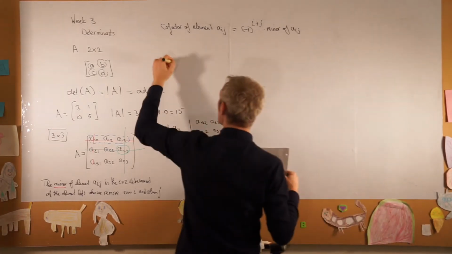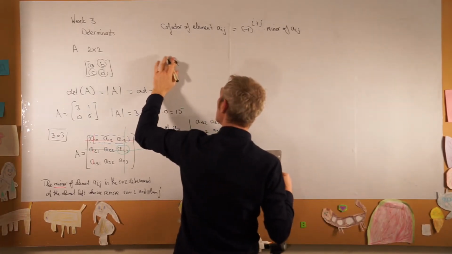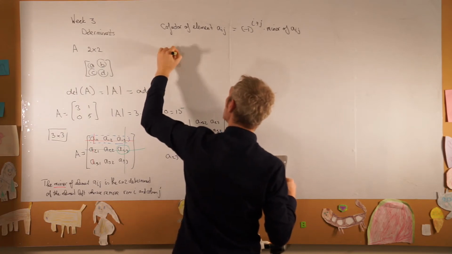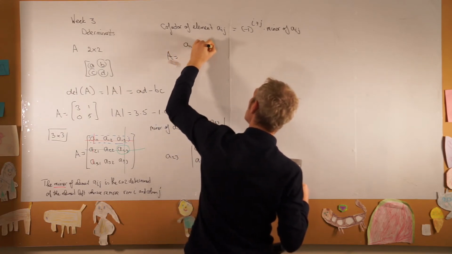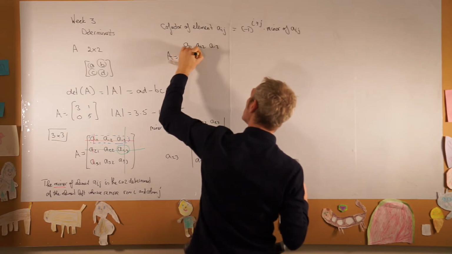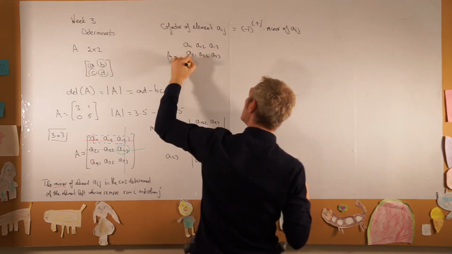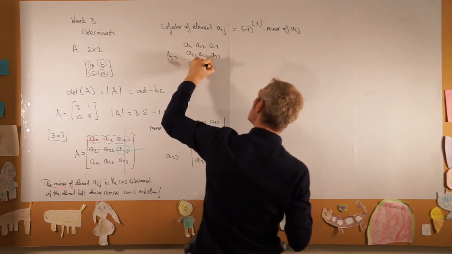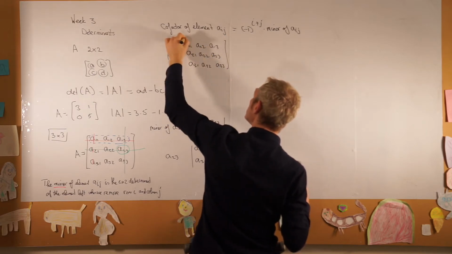So if we look back at what our matrix looks like, A11, A12, A13, A21, A22, A23, A31, A32, A33, so this is our matrix.